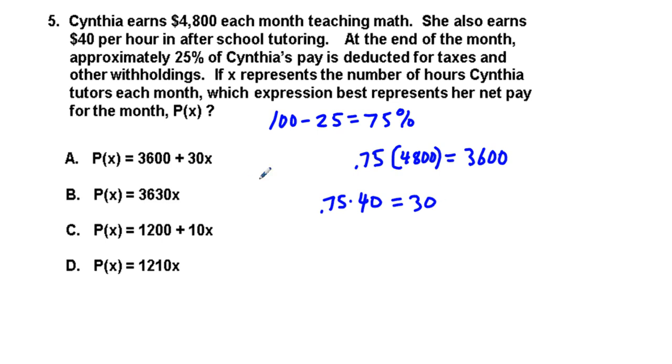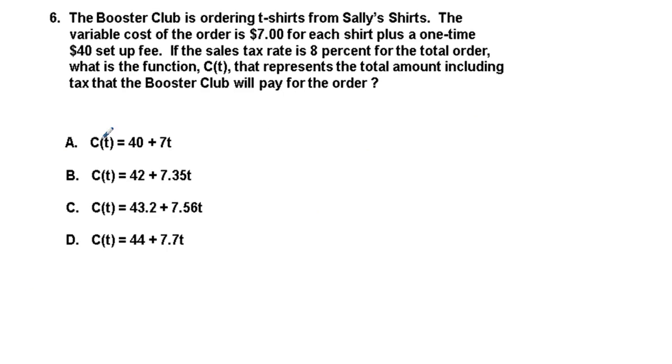So it's going to be 30x because we get that per hour. And so that's going to give us our answer choice A. These other ones like C and D apply if, instead, you take 25% times your 4,800. That's where you'll get the 1,200 and then the 10x. So A is your correct answer.